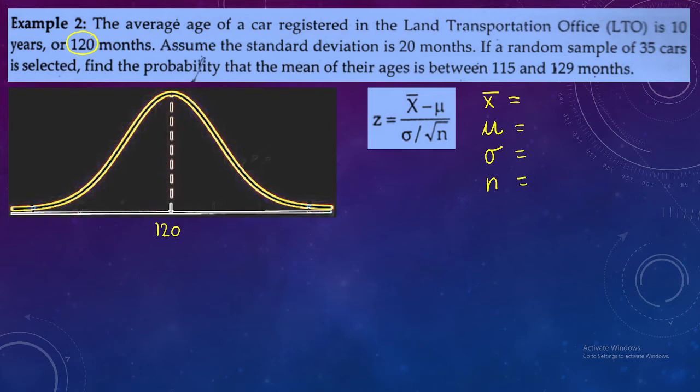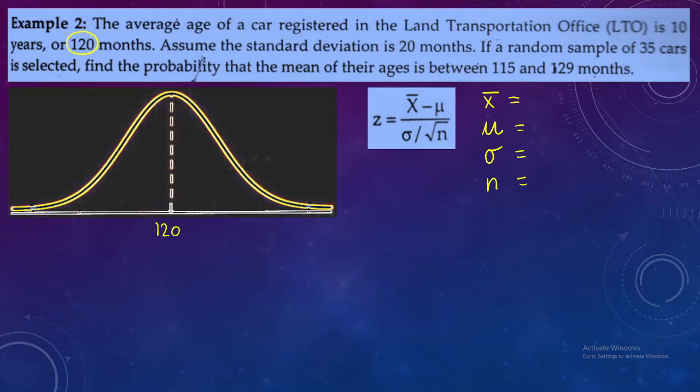But if the sentence does not contain the word sample, then that average is the population mean. Again, the sentence will tell you whether it's the population mean or the sample mean. It's the sample mean because the word sample is there in the sentence.